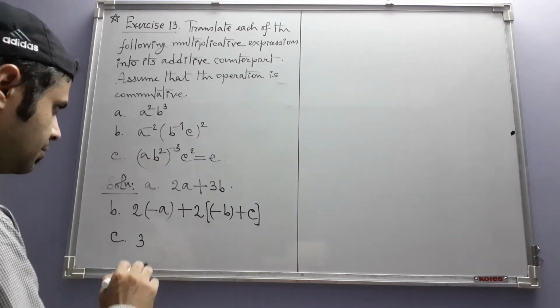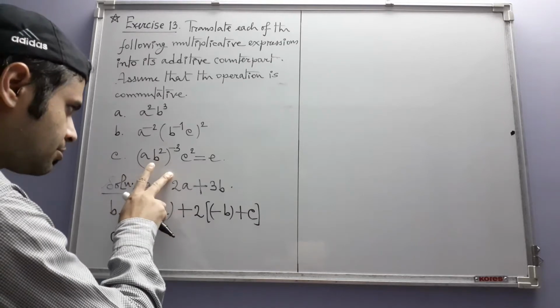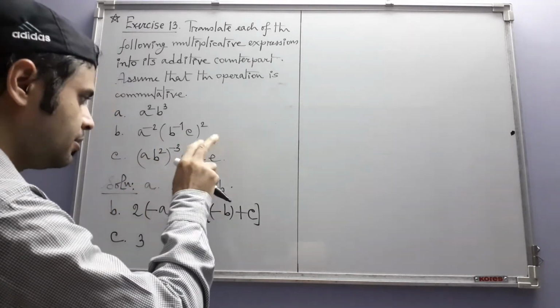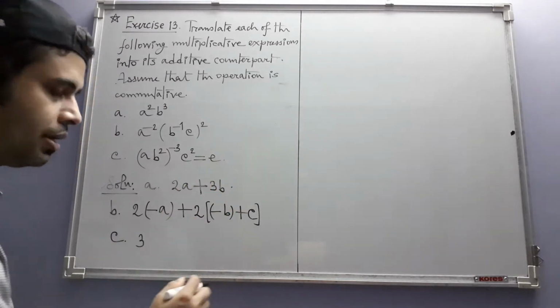And finally, part C is 3 times, this is minus 3, that means it's ab square inverse, ab square inverse, ab square inverse of ab square. So that means 3 times inverse of ab square.